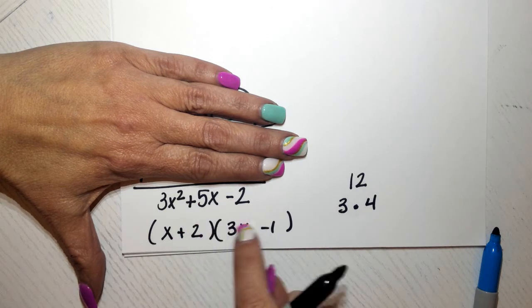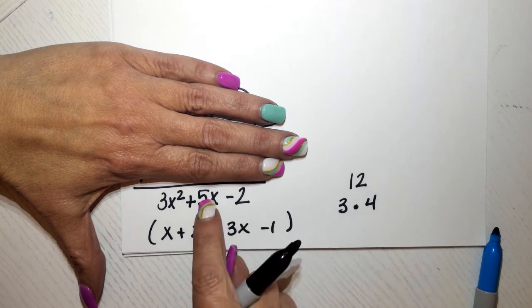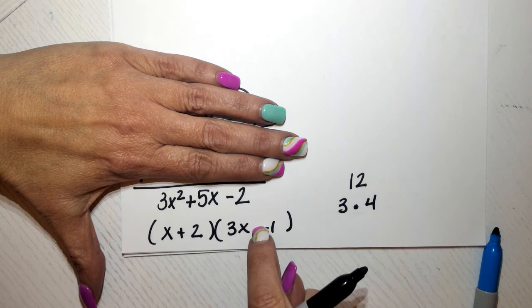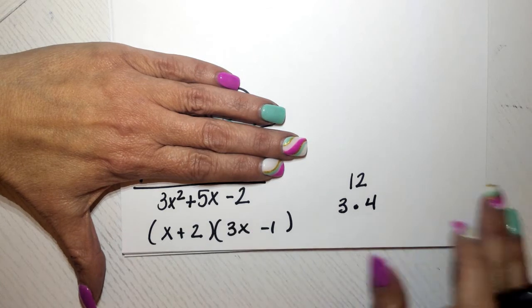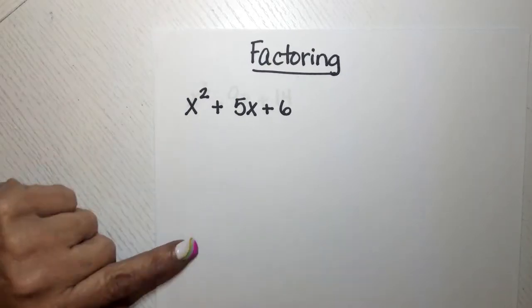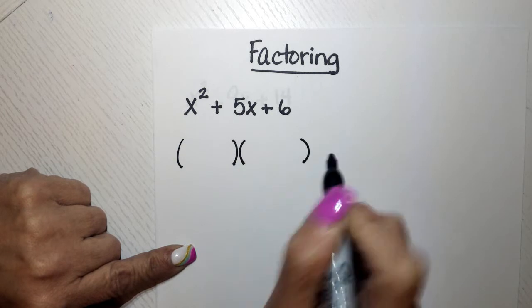It just looks a whole lot different because it's not just numbers. When I give you this and ask you to factor it, I want something times something. I want to know what are the factors of this.